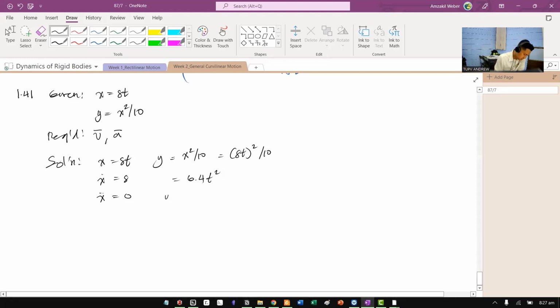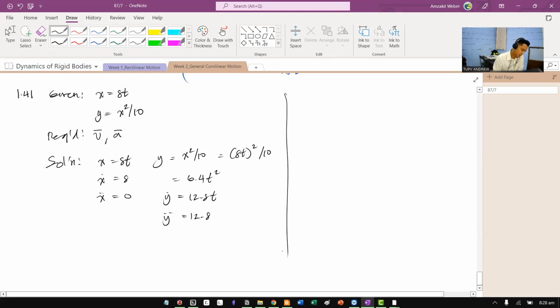Same procedure: velocity is 12.8t, then acceleration is 12.8. So we have the complete set of displacement, velocity, and acceleration for x and y. All we have to do na lang is to plug in the time required, which is 2 seconds.